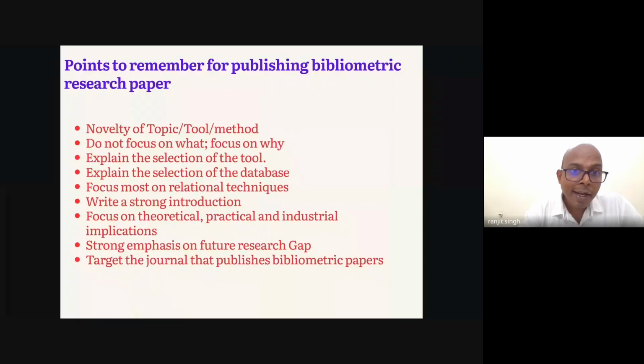But don't mention the papers which have provided the advantages of Web of Science. Because in research, if you are using Scopus, you have to cite the articles which show the advantage of Scopus. If you cite an article which shows a disadvantage of Scopus, it creates a problem for you, because that will be conflicting. You are saying Scopus, and then you are saying Scopus is not good.